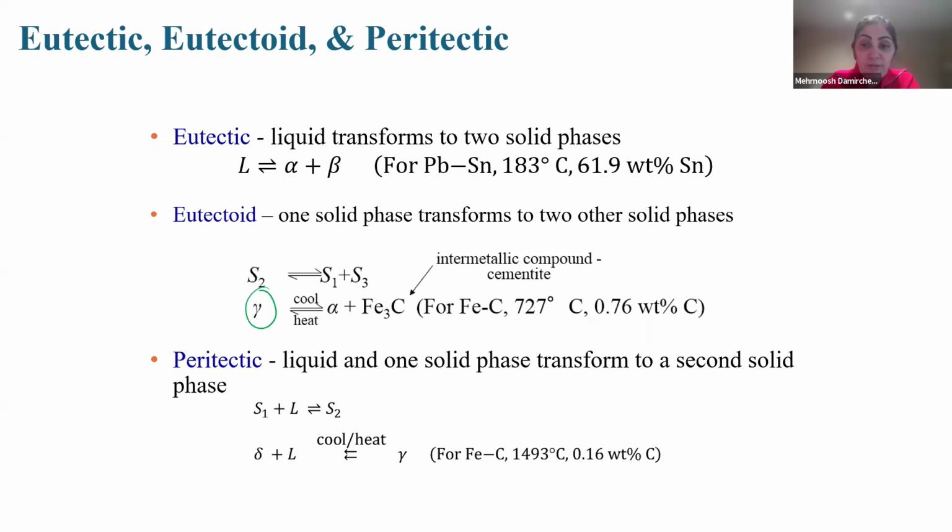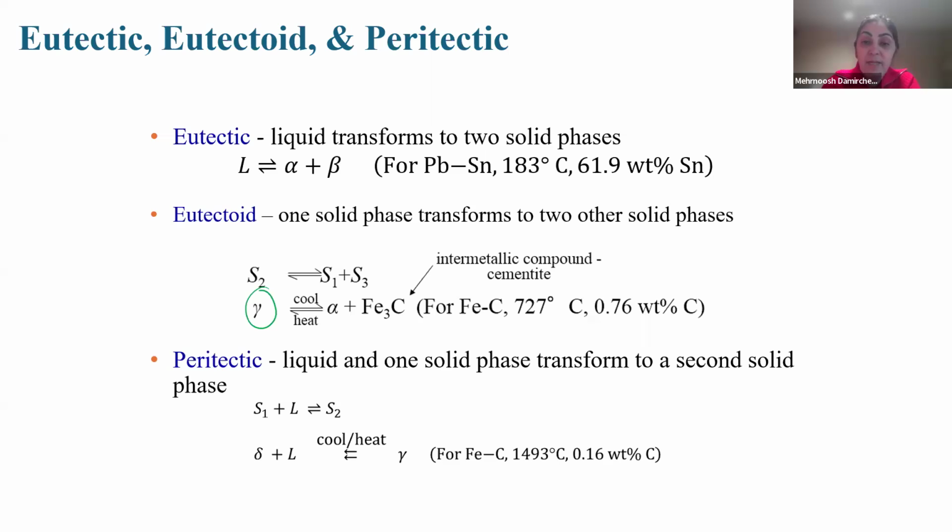And finally, we have the peritectic reaction. In this case, a liquid and one solid phase, here S1 plus L, for example, delta plus L, convert to another solid phase, that is S2, or here shown, for example, as gamma.